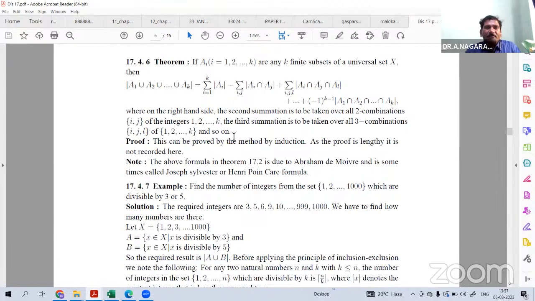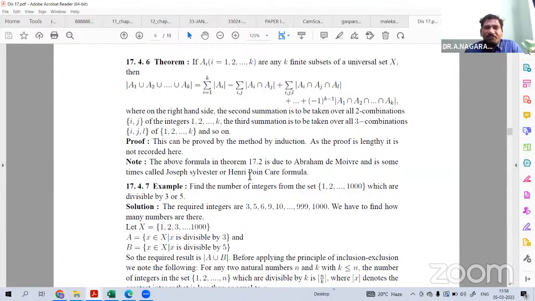Now the theorem: if I take A1, A2, and so on up to AK, sets with i equal to 1 to K, I am taking K finite subsets of the universal set capital X. If I take their union, it is a generalization of the previous theorem.